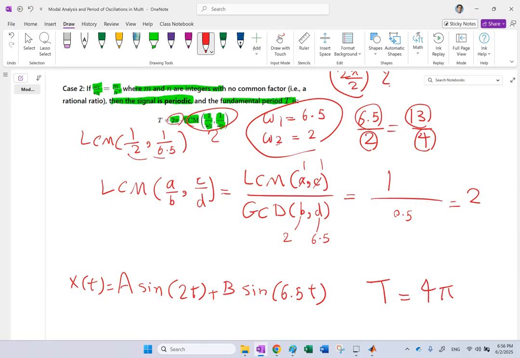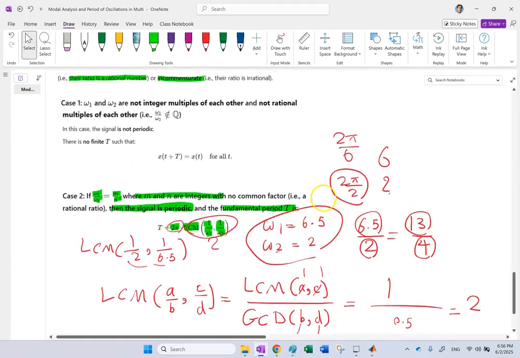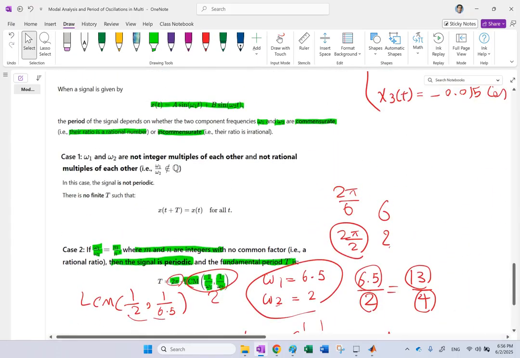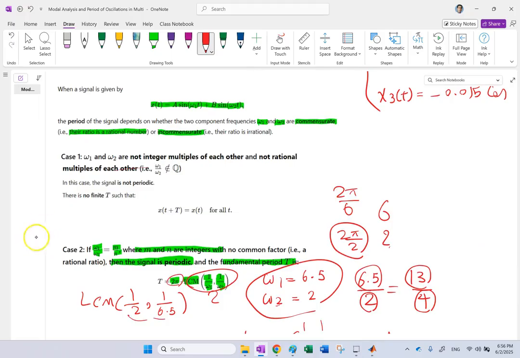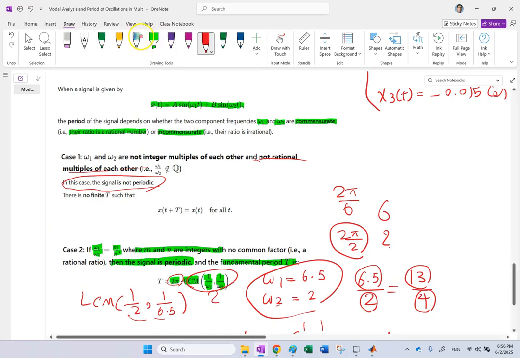Okay, this is for the case that they are commensurate. The ratio is the ratio of two integers. Now, if they are not commensurate, guess what? If it's not a rational number, then the signal is not even periodic. And there is no period, of course, because the signal is not periodic.